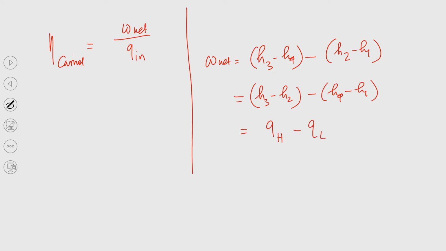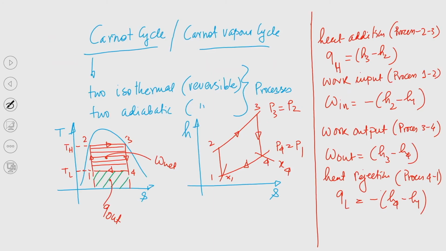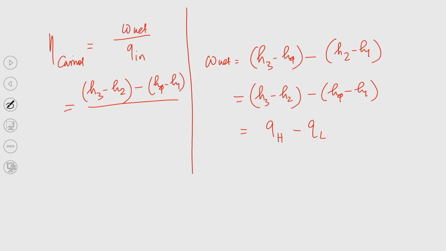Okay. So, now what we can write is (H3 minus H2 minus (H4 minus H1)) divided by Q in. What is Q in? That is QH, that is H3 minus H2. So, Q in for this particular case equals QH.